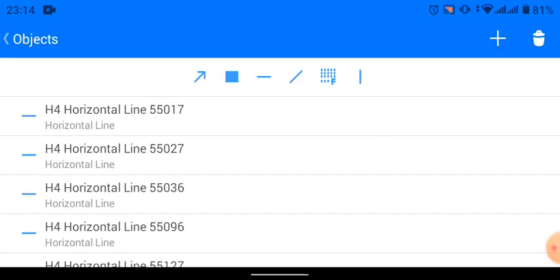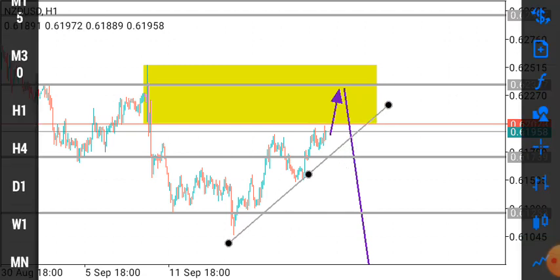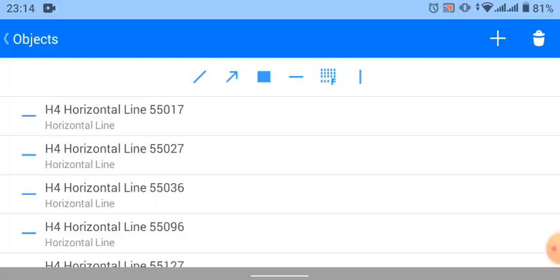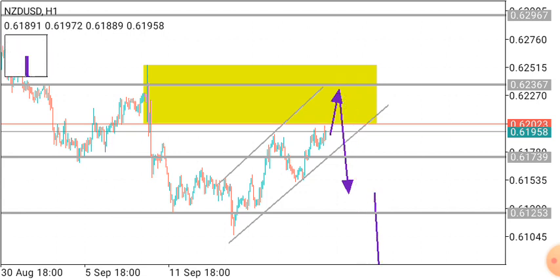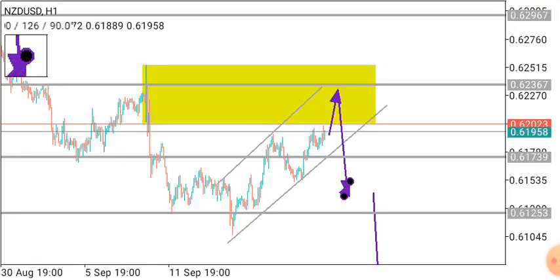For more consecutive entries, I like to allow the market to break out of this retesting structure, because it has been pushing upwards very nice and gradually. So should the market break below this area, we'll be looking for those proper retests and then further entries to the downside.